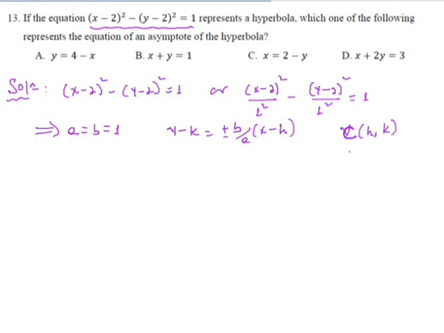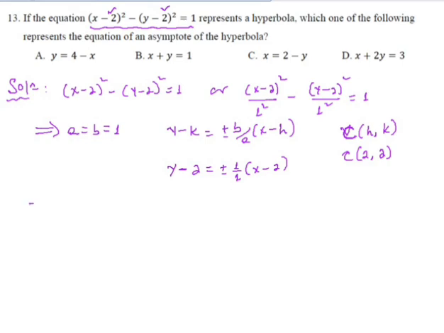So our h and k values are, h is 2 and k is also 2. Okay, so let us apply everything here. The asymptotes will be y minus 2 is equal to plus or minus 1 over 1 times (x minus 2).